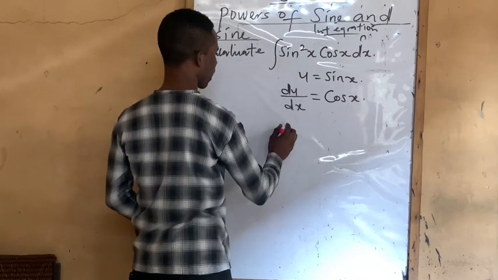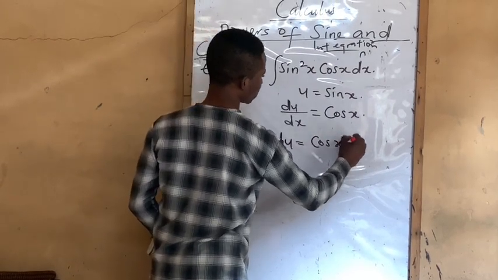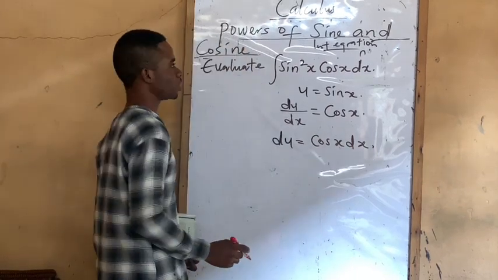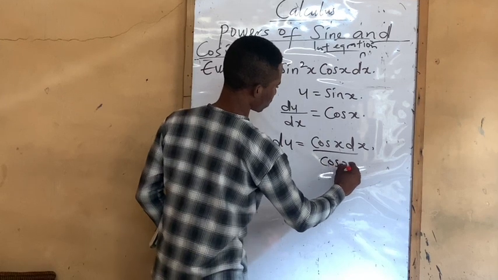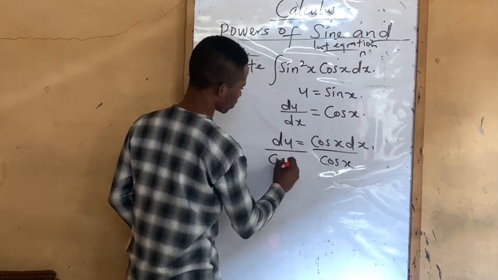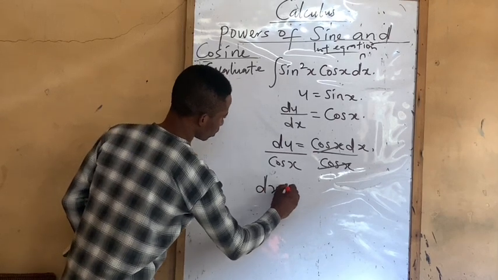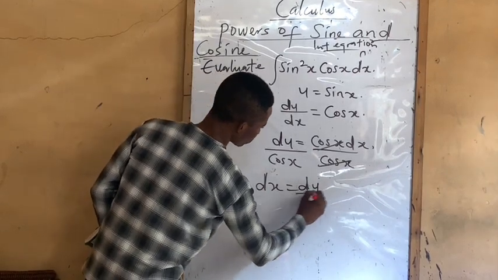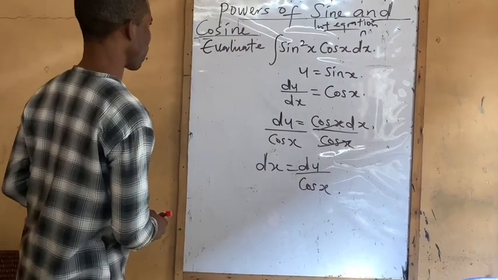If I cross multiply, that means du equals cos x dx. Since I'm looking for dx, I'll divide this out by cos x, all over cos x. This cancels this. That means dx equals du all over cos x.